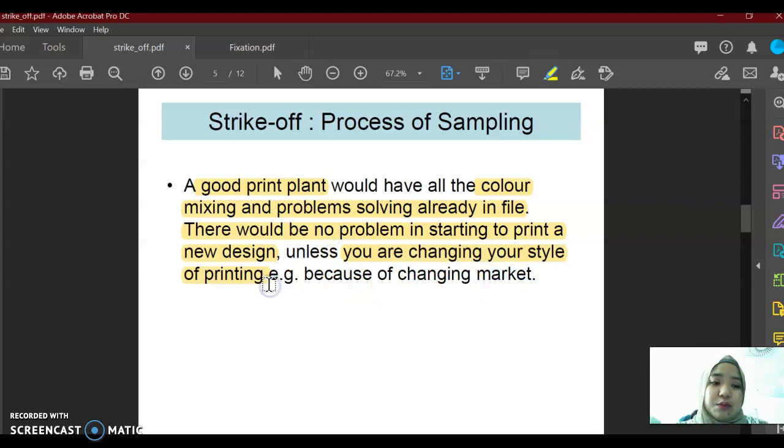So anda kata dia dah buat print plan ni satu, tiba-tiba macam halfway tu dia nak tukar, dia kena tukar banyak aspect of the printing of the plan, the recipe, the problems may be different. Okay, so it's up to the designer. Color chemist ni dia tolong designer saja, okay? Dia bukan buat design, dia tolong designer come up with color plan.